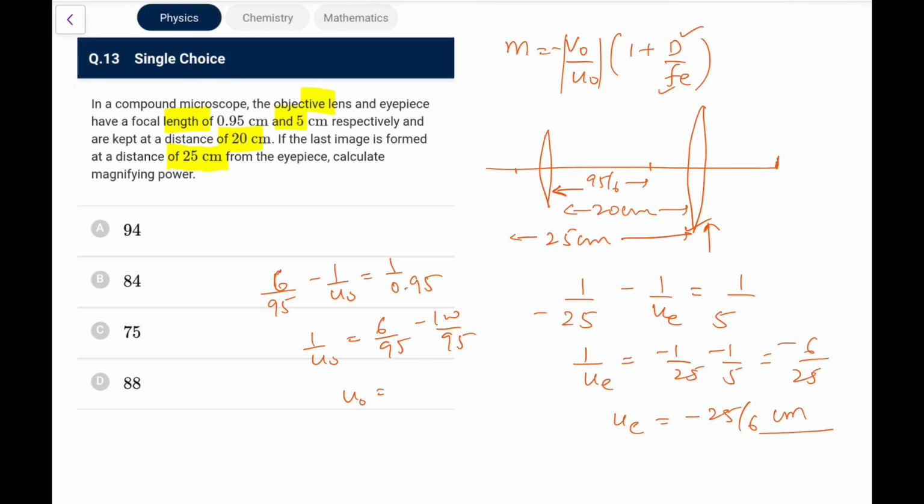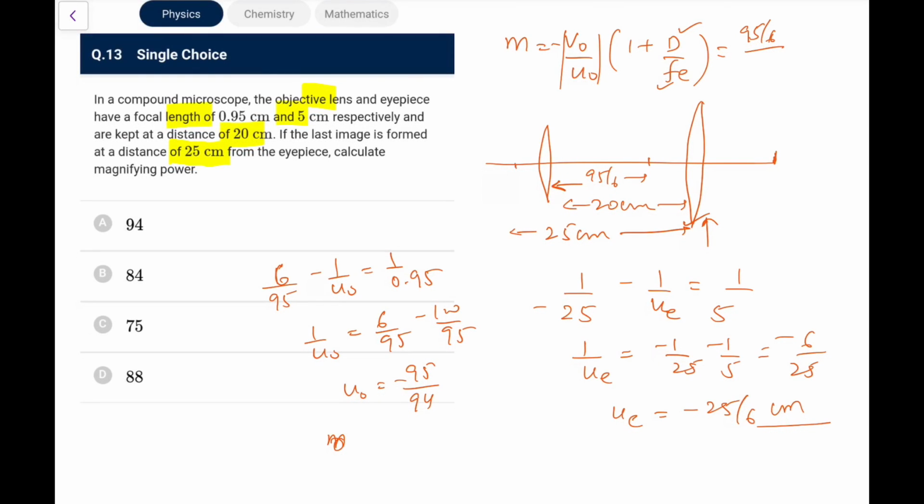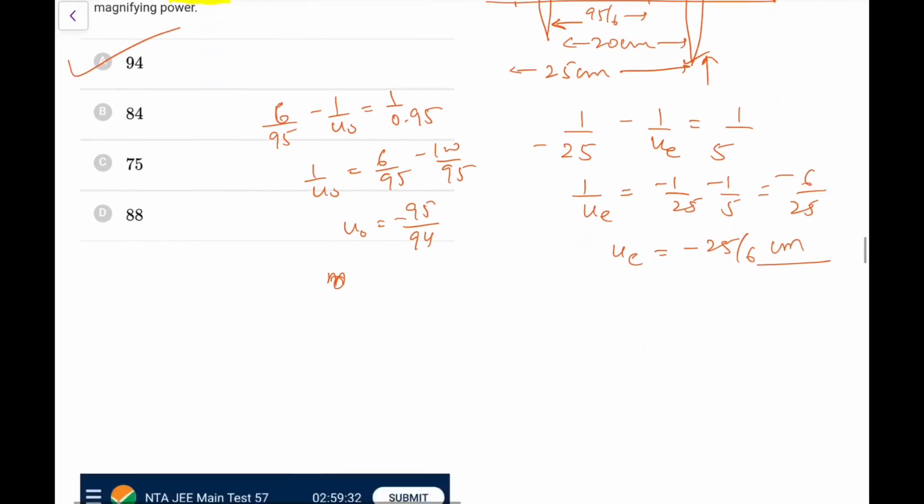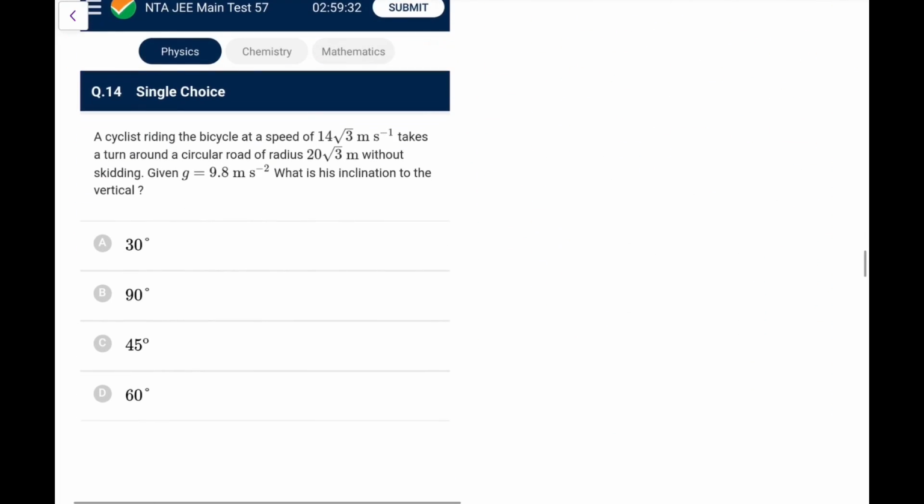So UO would be minus 95 by 94. So VO by UO, VO was 95 by 6. I'm just checking the magnitude, because UO we wrote as 95 by 94, into 1 plus 25 by 5. So the 6 cancels, and this would be 94. Go for option A. So use this and use your basic lens combination results to arrive at the final answer.